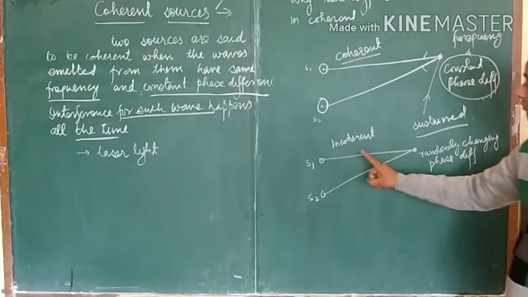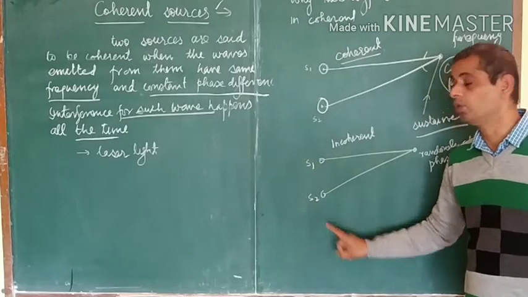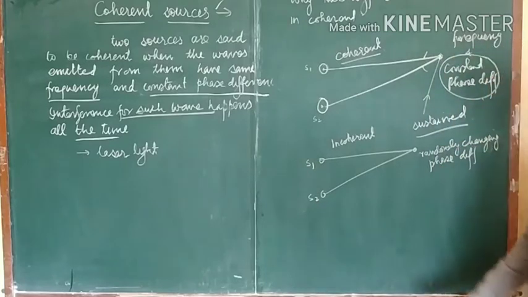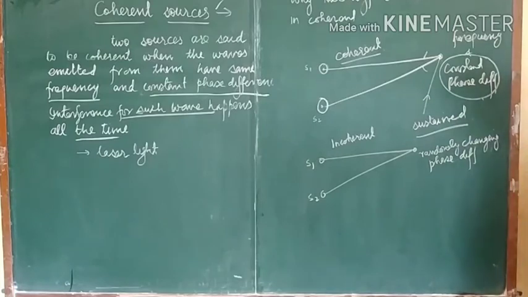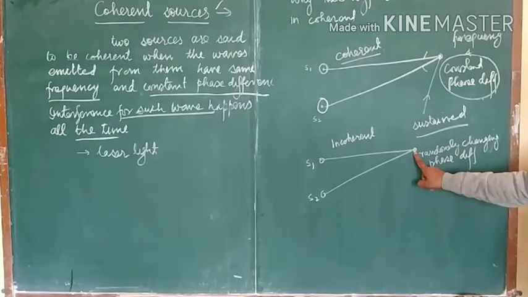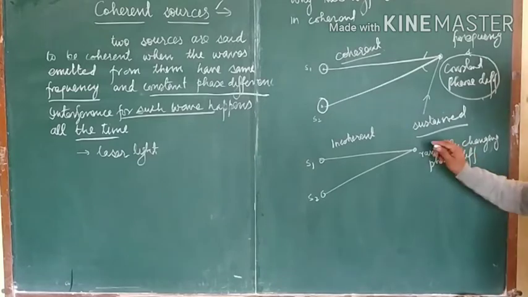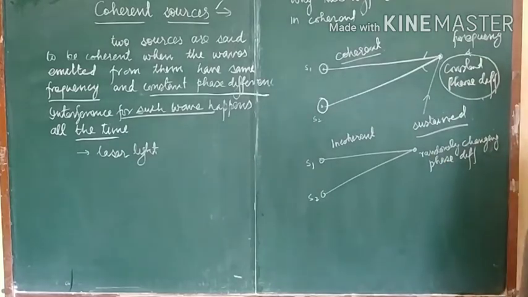When these S1 and S2 are incoherent sources, the wave intercepted at this point will have a phase difference that changes randomly and continuously.